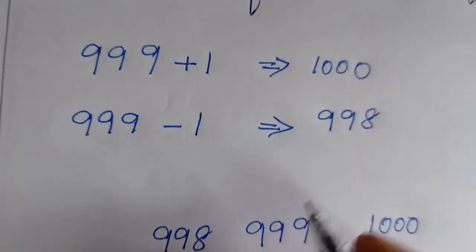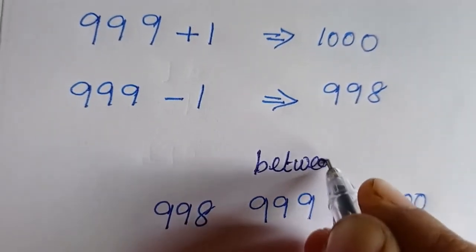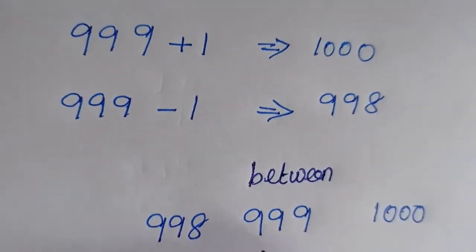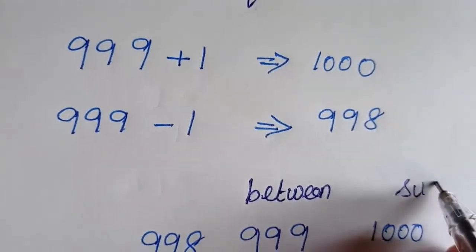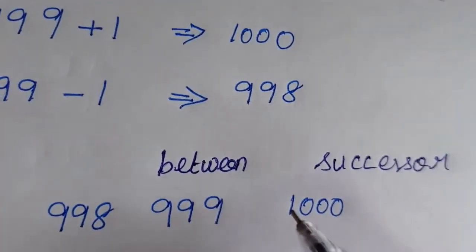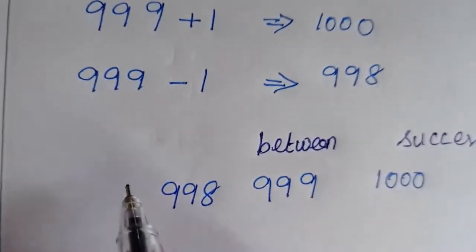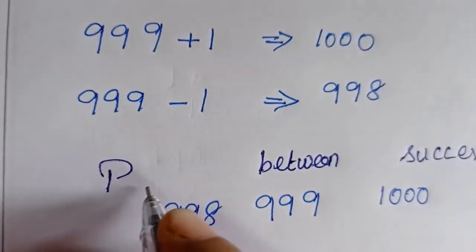So this is the between number. 999 is the between number, 1000 is the successor and 998 is the predecessor.